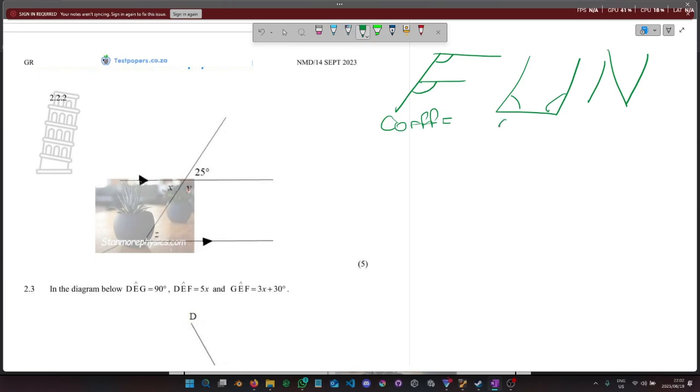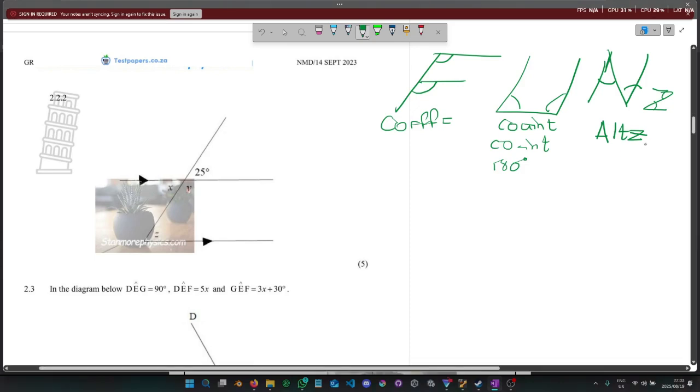Co-interior angles are supplementary, which means they add up to 180 degrees. And then this is the alternate angles, or if you swap this around, this is just a Z, right? So this is the alternate angle. This angle and this angle are equal, so alternate angles are equal.